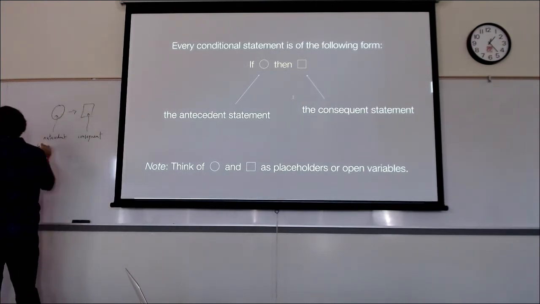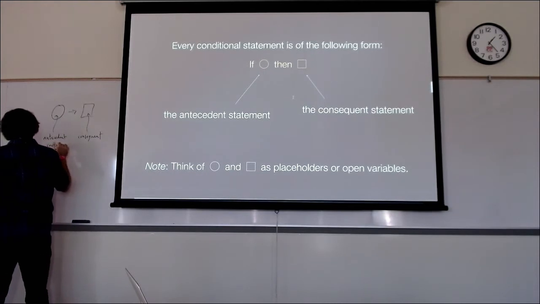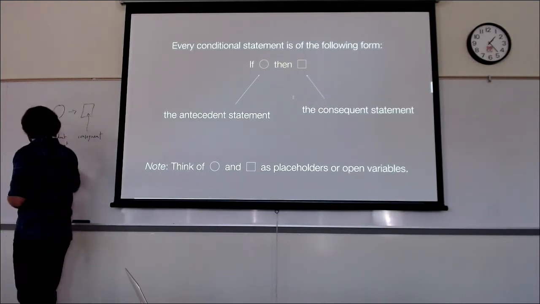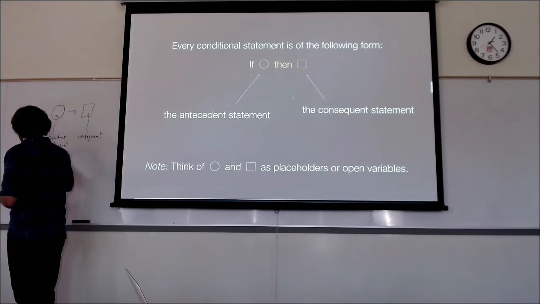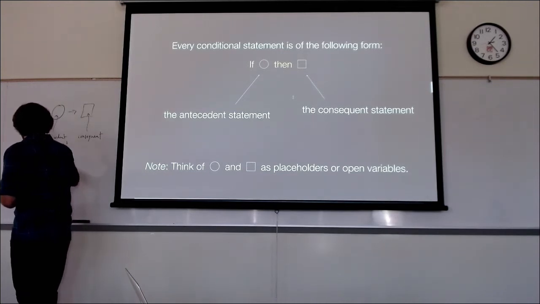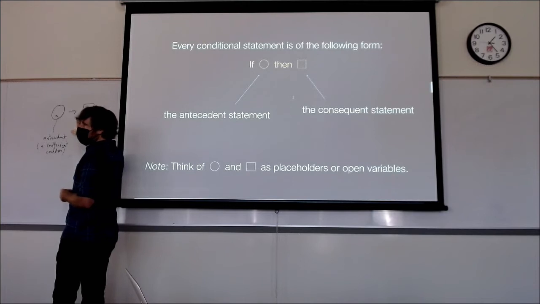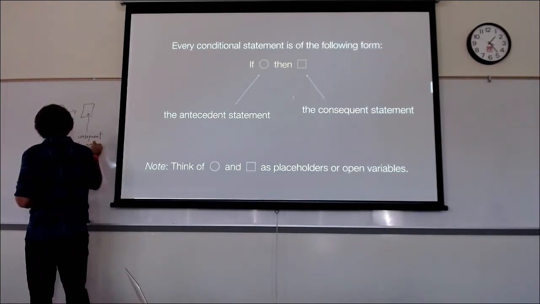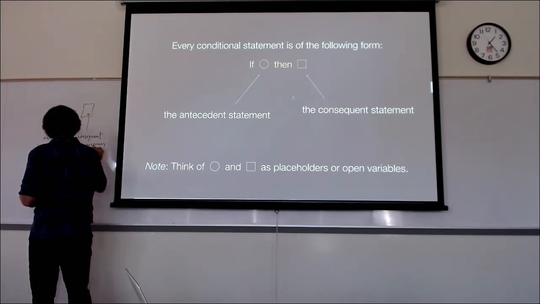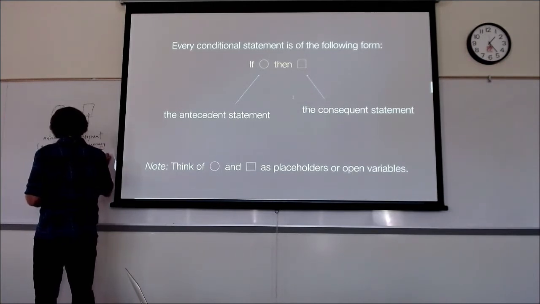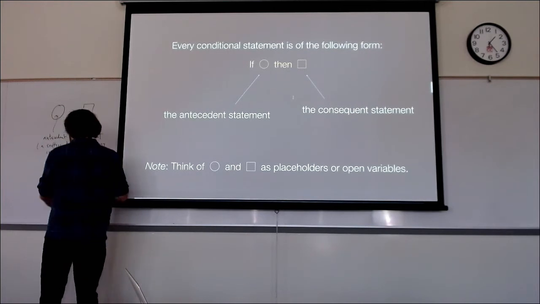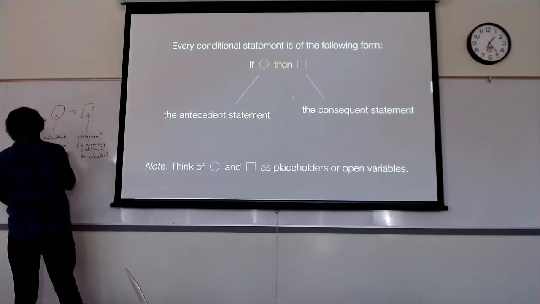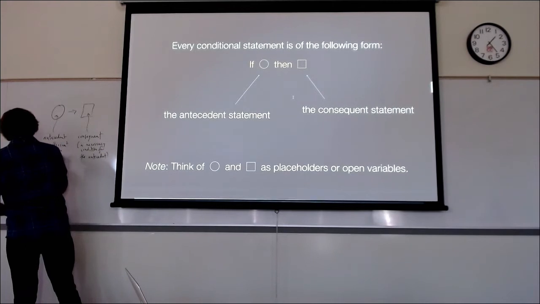And then I cashed it out in terms of, I said every antecedent is a sufficient condition for the consequent, and every consequent is a necessary condition for the antecedent. I might as well complete this: a sufficient condition for the consequent.